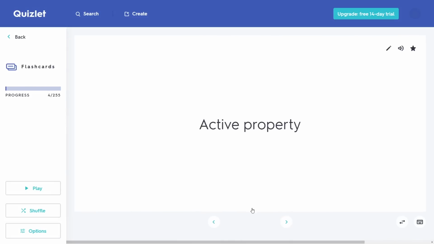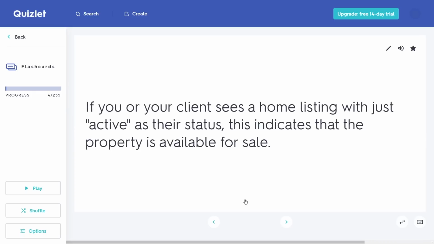All right. Next one, active property. Oh, active property. Okay. Think that one over. Okay, so when you hear the term active property, that is referring to the status of the property.